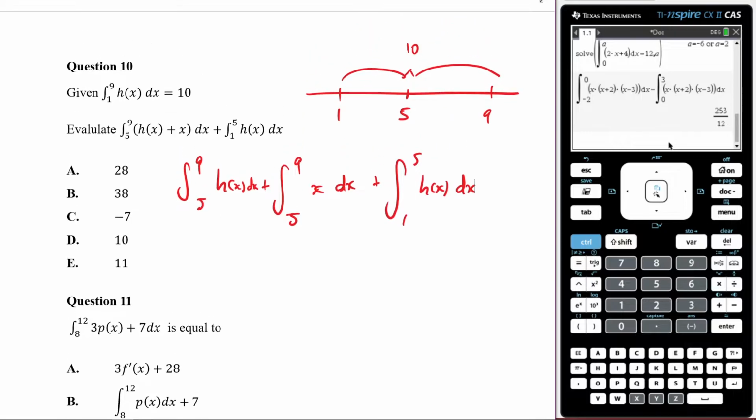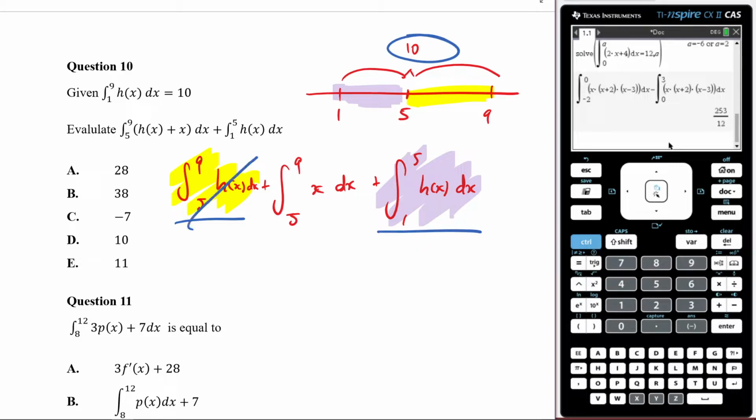Okay, this is the important thing now. Do you see how, like, here I'm going 9 to 5. So that represents this part here. And then over here, I'm going 5 to 1. That represents that part. Well, whatever these two things are, it doesn't actually matter because we know they add up to 10. So that means who cares about them? We can just write it as 10 plus the integral from 9 to 5 of x dx.